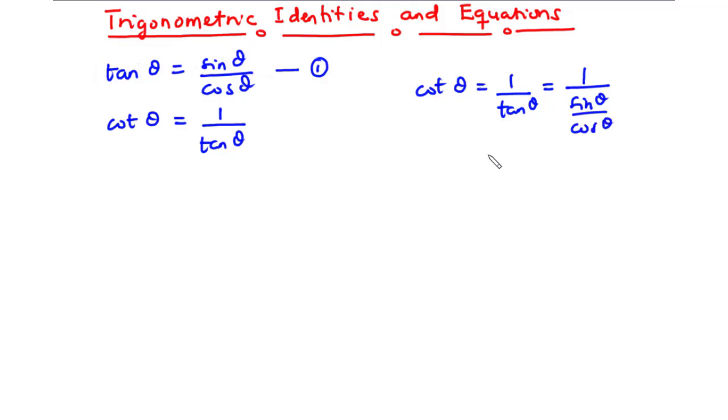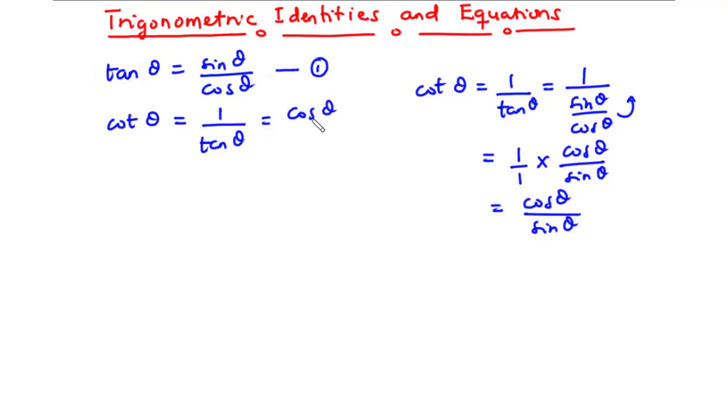So basically that becomes 1 over 1 times, we are going to flip this so that it becomes cos theta over sin theta, and finally we have cos theta over sin theta. Therefore, cot theta is equal to cos theta over sin theta.